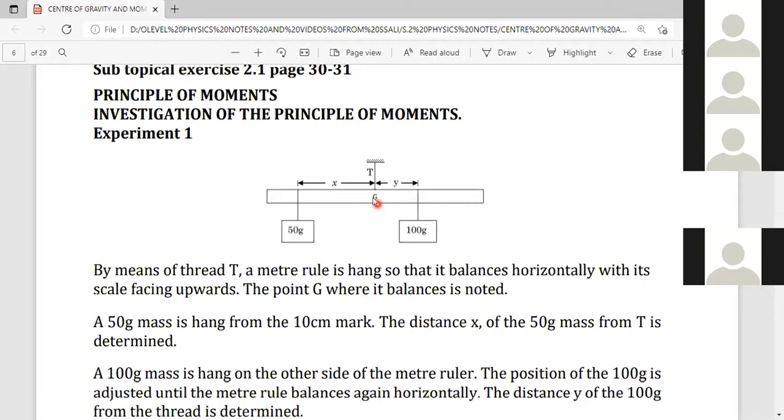So this distance X is the perpendicular distance from this line of action to that turning point. That is that distance X. So if this was at 10 in the first procedure and G is the 50 centimeter mark, what is the distance between them? 40. So that's how we got X.